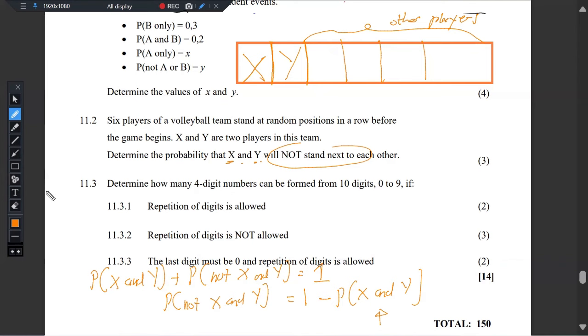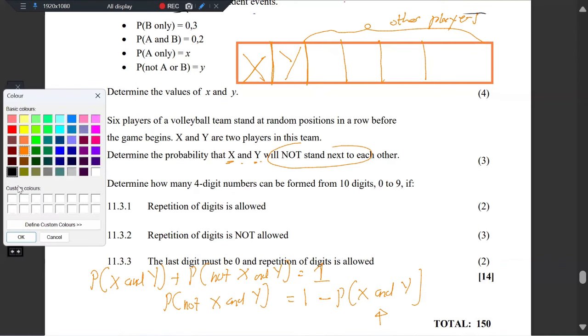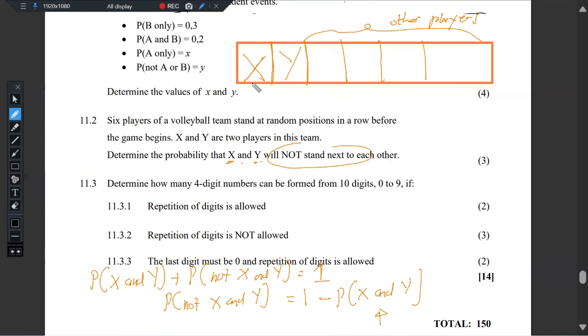But then, we already understand the concept of grouping, right? Since X and Y must always stand next to each other, according to the way we are approaching the question, we are going to take these 2 as an item. So this is now 1 item, right?